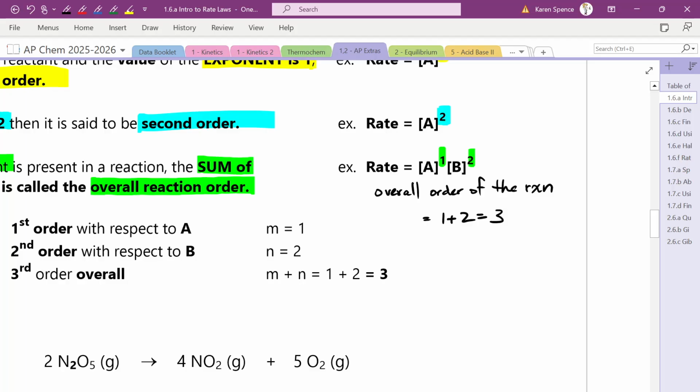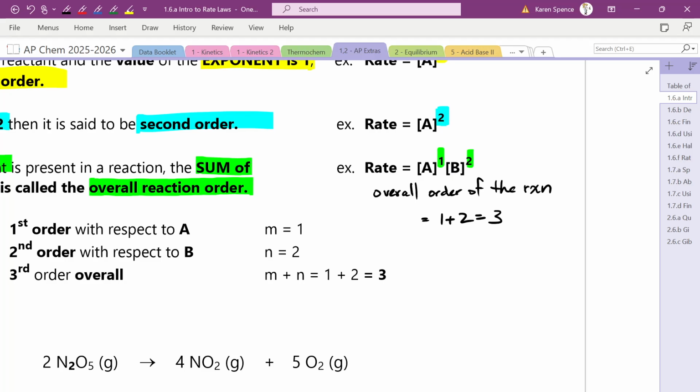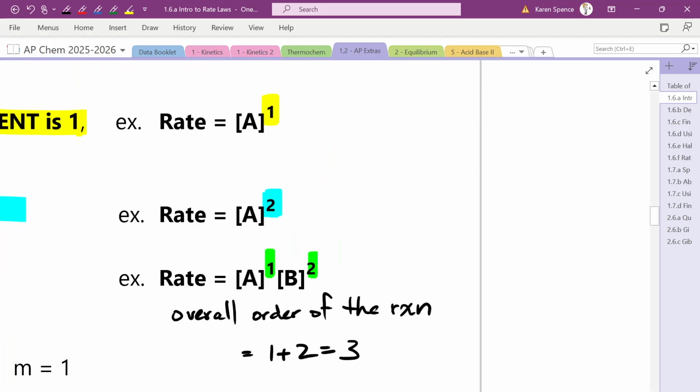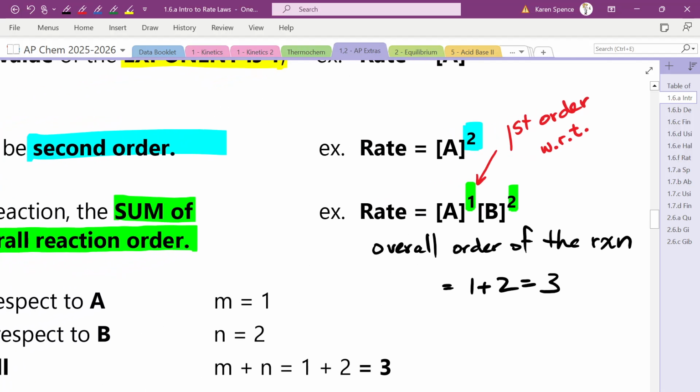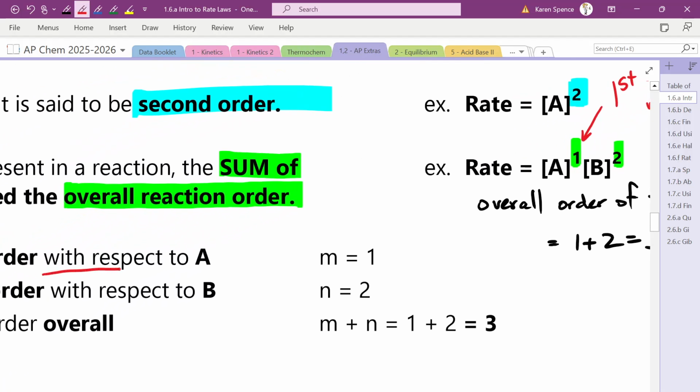We can also say, what is the order with respect to A? Take a guess. Yeah, first order with respect to A. WRT means with respect to.